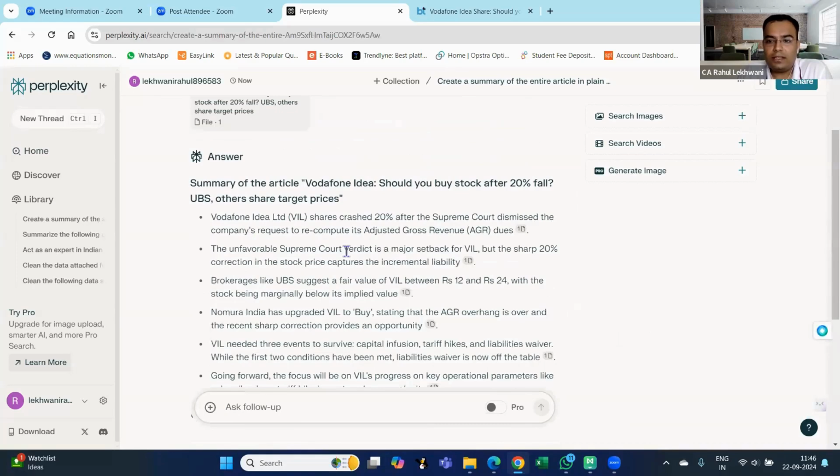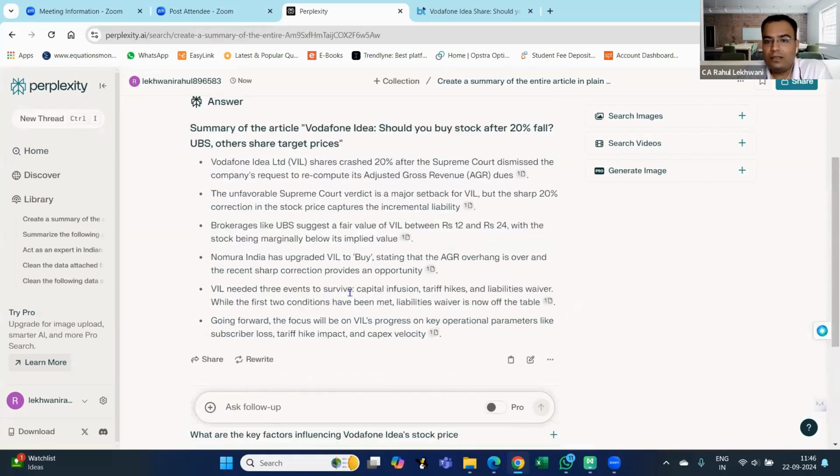It has given me 5 pointers, and I can avoid reading the entire article. So Vodafone Idea share price fell 20%. The unfavorable Supreme Court verdict is a major setback. Brokerages like UBS have downgraded the target from 24 to 12. There is some issue related to AGR and so on.